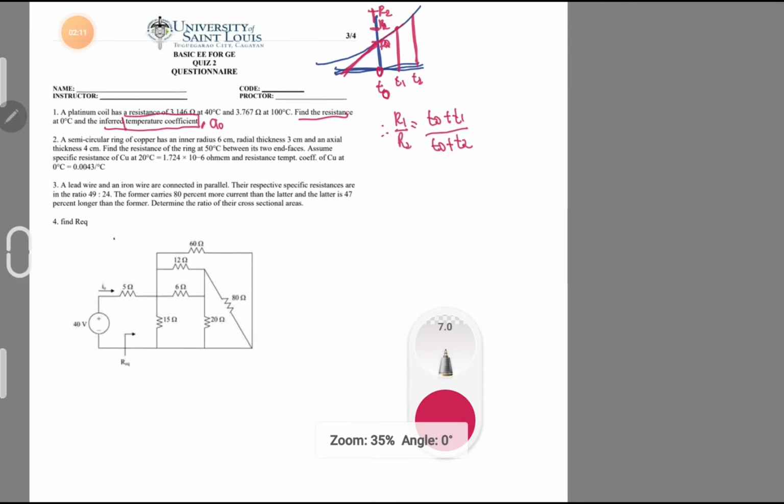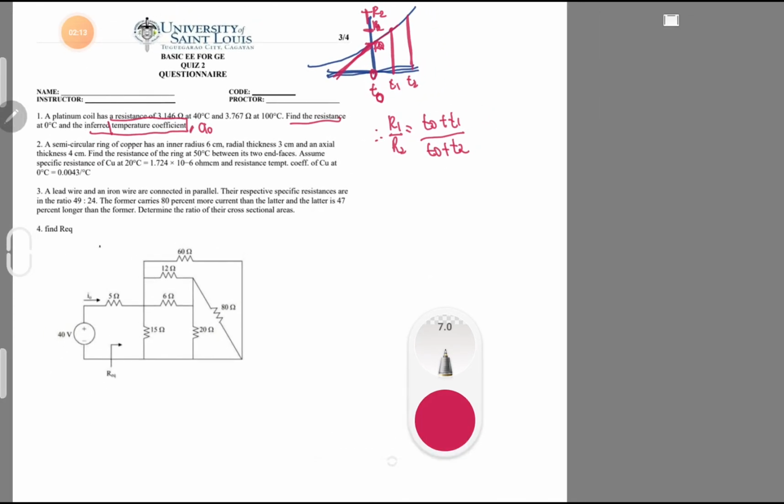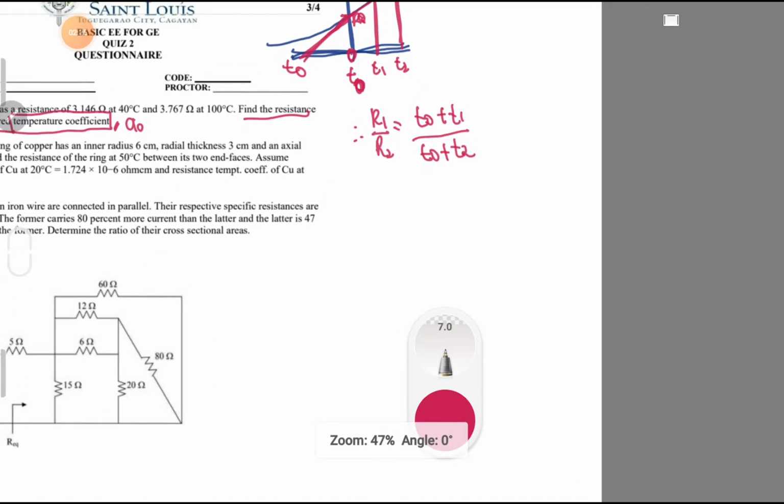In this case, we have no temperature coefficient, so let's get our TO. This is our TO. What is our TO? Take note that TO will be the inferred temperature of the material.